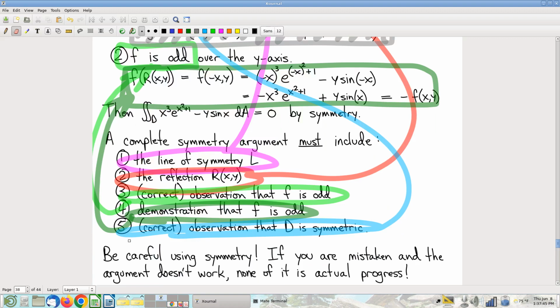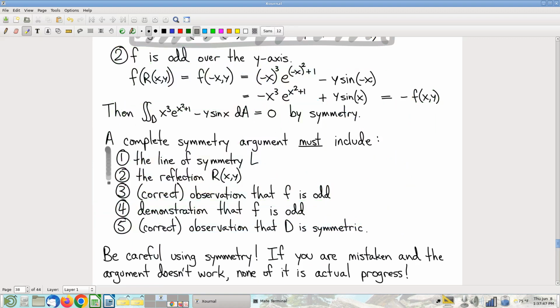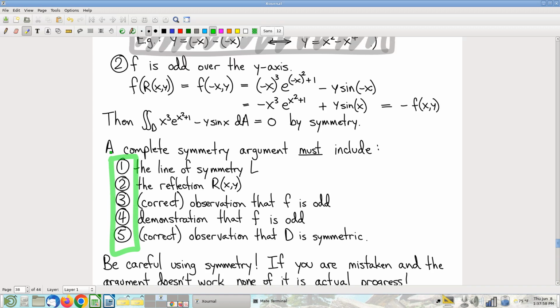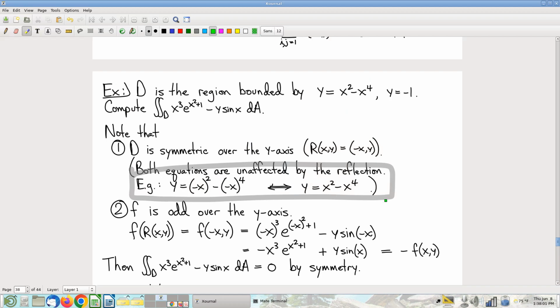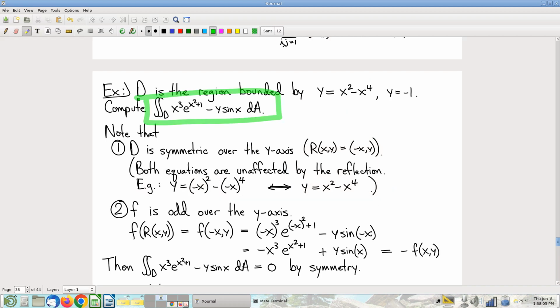So heads up, I am going to be looking for all 5 of these if you're going to make a symmetry argument, which, by the way, I strongly encourage you to do. After all, your alternative is to compute this integral the old-fashioned way, which would be brutal. I definitely don't want to do that integral.